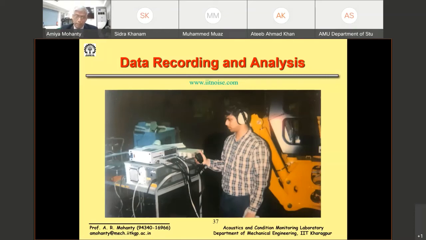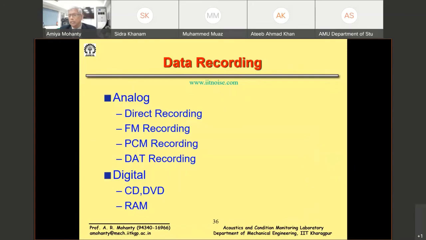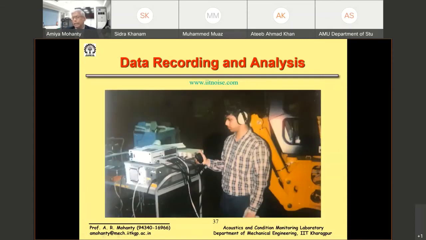But in 1969, HP started to commercially flood the market with HP analyzers. At the same time, in Japan, the Ono Sokki company came up with FFT analyzers and commercially flooded the market too. But they were bulky. I mean, look at it. They were bulky, 2-channel, at most 4-channel.